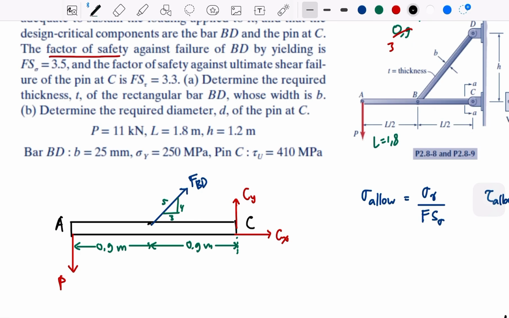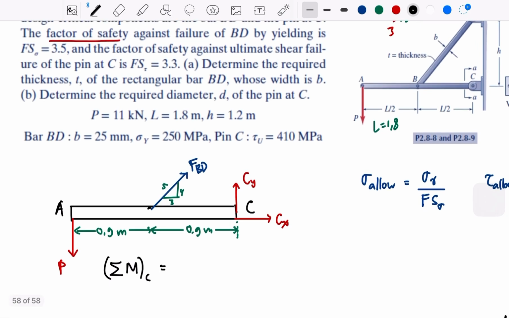Okay, so we take the moment, and since we know P, I think the best way is to take the moment at C. Let's say we take that direction as positive.